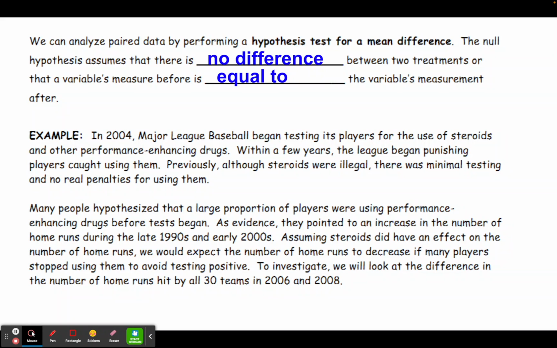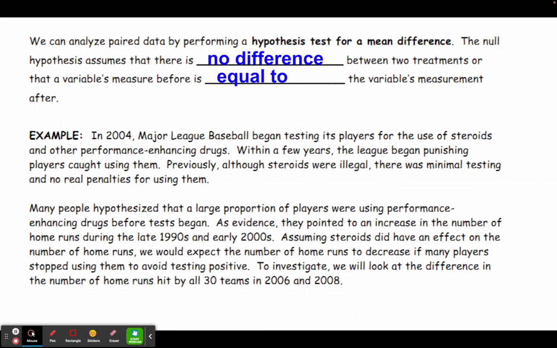Now, as evidence that players were using performance enhancing drugs prior to the testing, a lot of people looked at home run data as an indicator of this. And later on in this course, we'll be looking at home run records and how those have changed over the course of time. But in the late 1900s and early 2000s, all of a sudden there was a really big increase in the number of home runs that players were hitting on average in Major League Baseball.